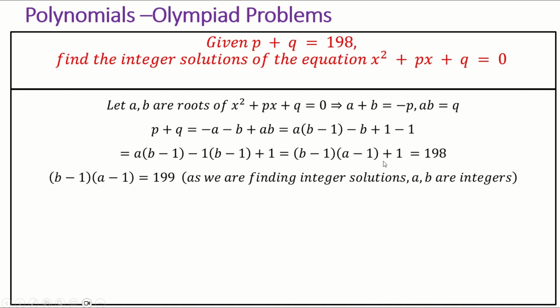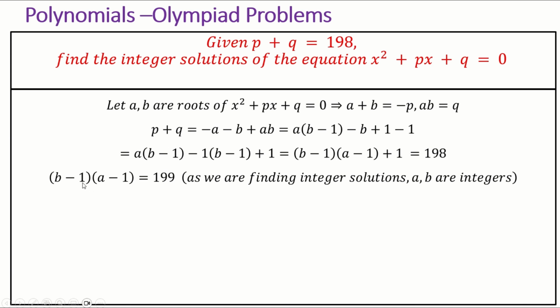So plus 1 is taken, so minus 1 will remain, and minus 1 will go to the other side, it will become 199. So this equation is correct. So b minus 1 into a minus 1 equal to 199. Okay, this is correct. And what we are finding is the integer solutions, so a comma b are integers.